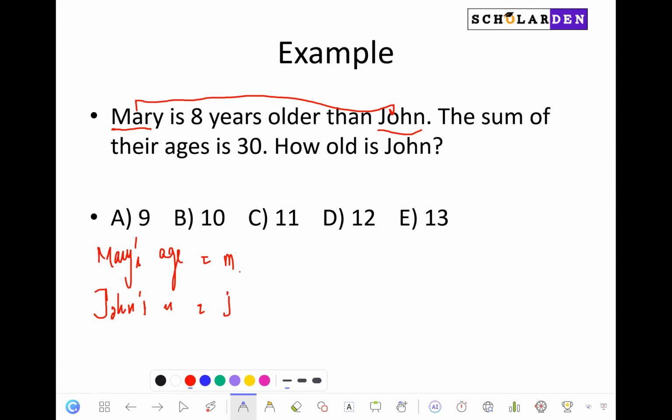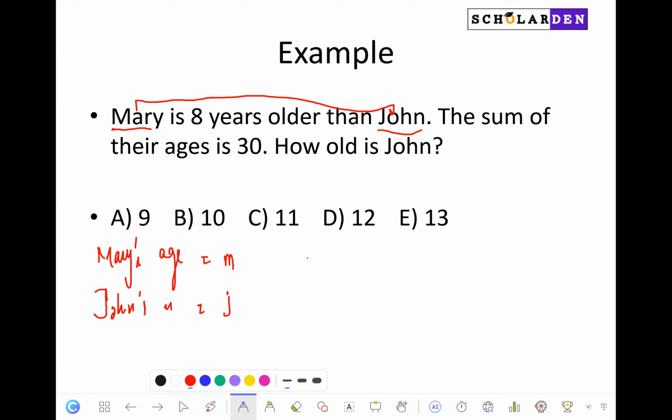So now we have two variables. The best way to assign variables is to assign them these characters, these alphabets, which are most closely related to the quantities themselves. So in this particular case, Mary is M and John is J. So now we know that Mary is M and John is J. Okay, so that avoids confusion down the line when we are considering which one to answer.